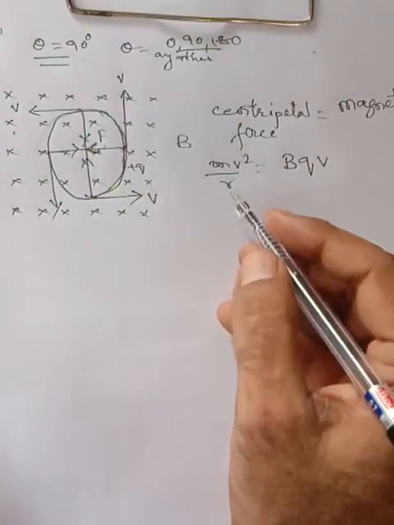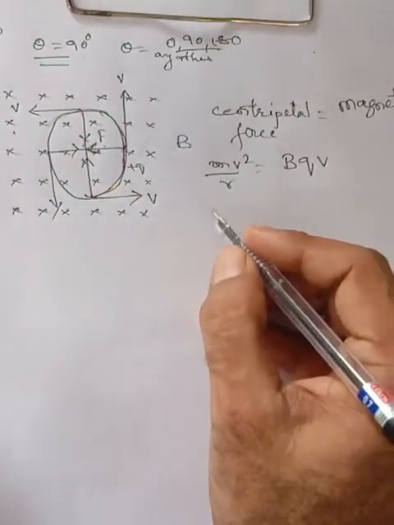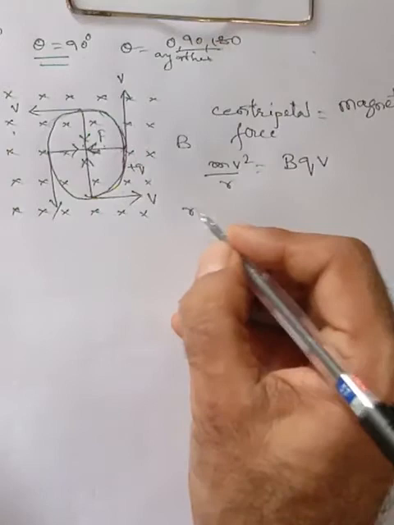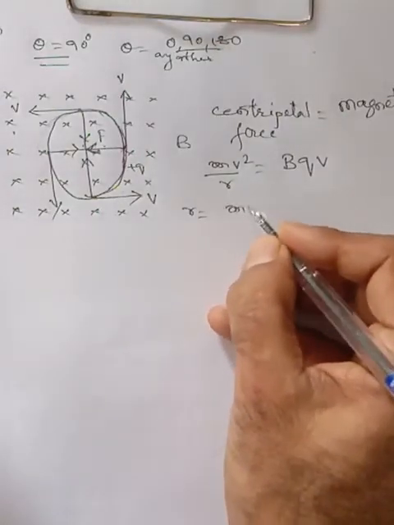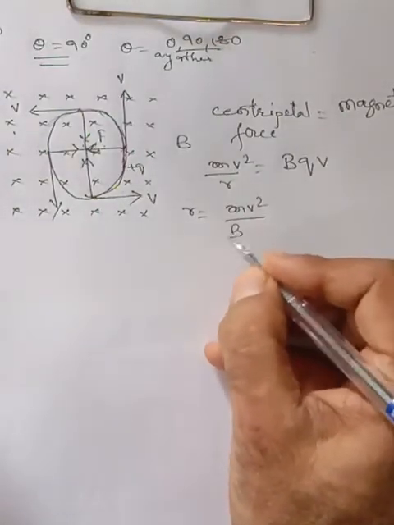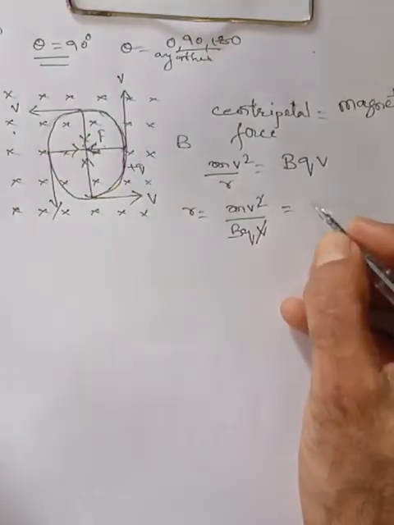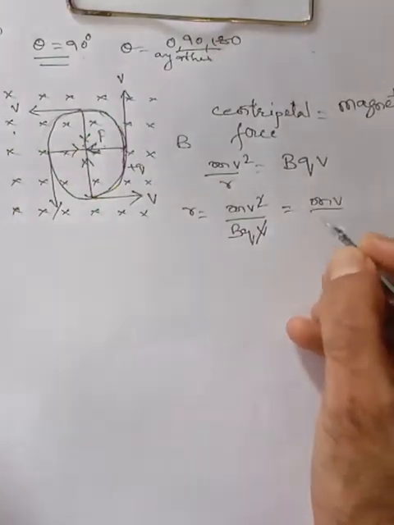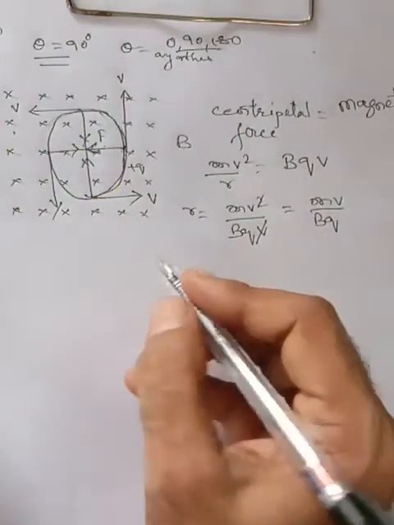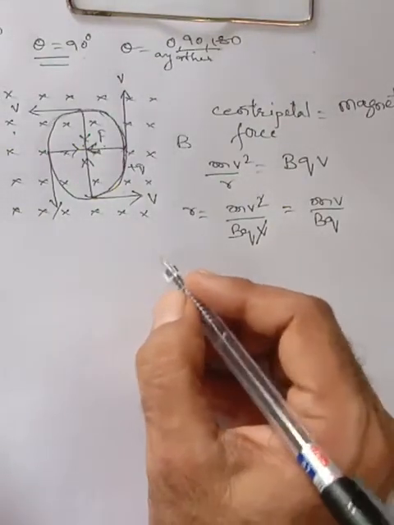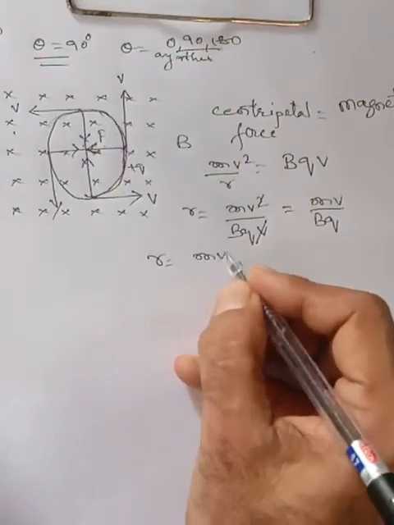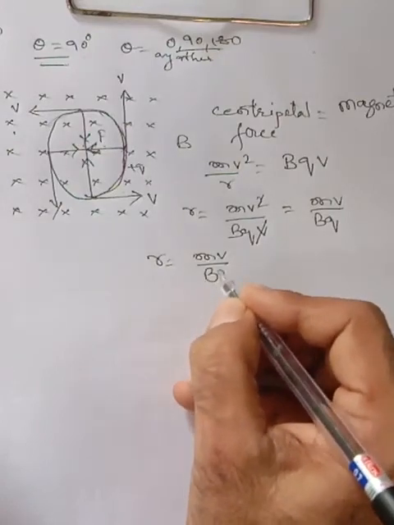We have to calculate the value of r. Send this r to the other side and send Bqv to the other side. So what can I write? r is equal to mv square by Bqv. So v and v square will get cancelled, so mv by Bq. So radius is equal to mv by Bq.